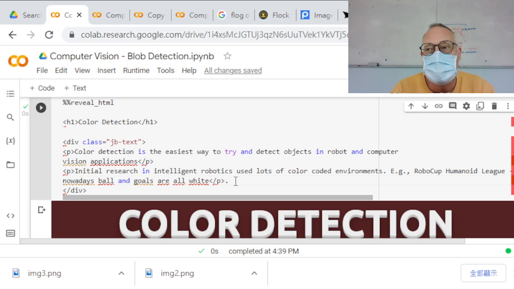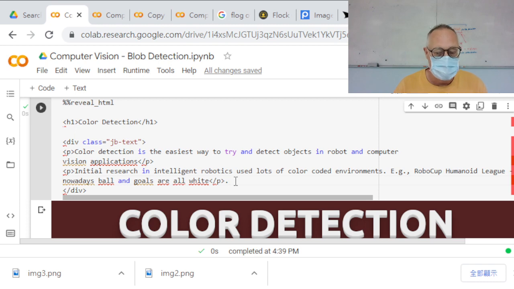Even though you think that may be easier, there were lots of problems, just as many problems with color-coded environments as there were with proper ball and goal detection, because basically you need to look at the geometry of the object you have in the scene. So a lot of teams nowadays, we actually use circle detection in order to detect things that are round and could be the ball in the right size and the right position. And we look for the goal posts, which are long and thin and slender.